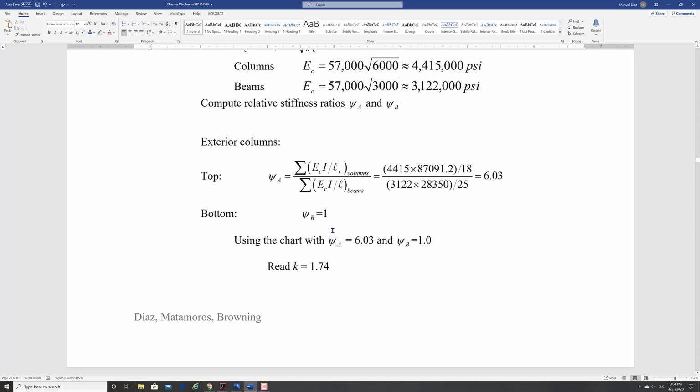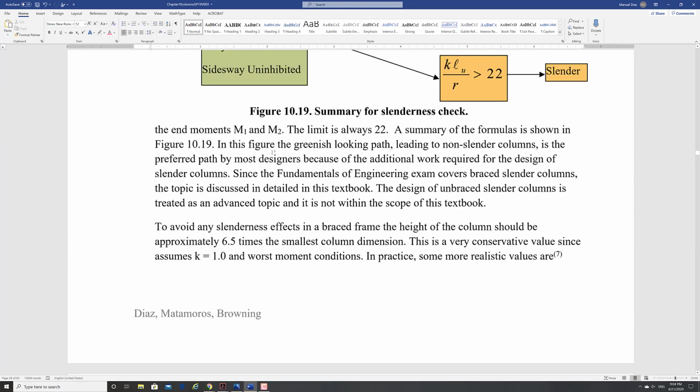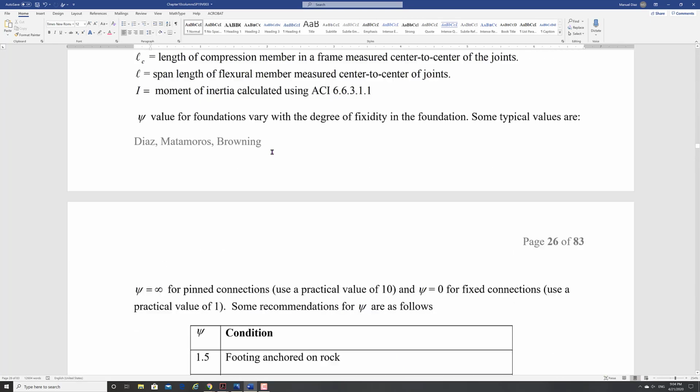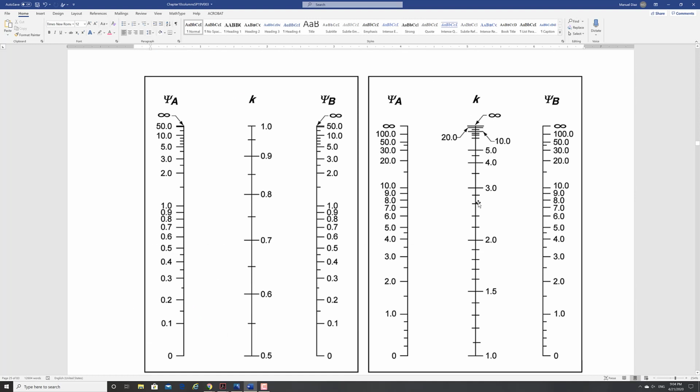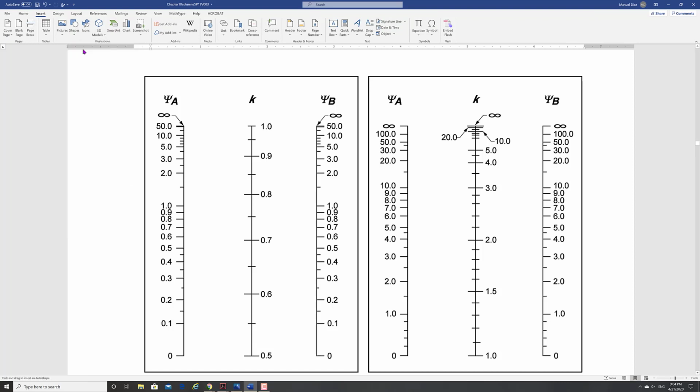So this is 0.603 and 1, and it is braced, right? So we go here to this chart. So 0.603 and 1. Let me pick a line here and make it here. So you can do 0.603.